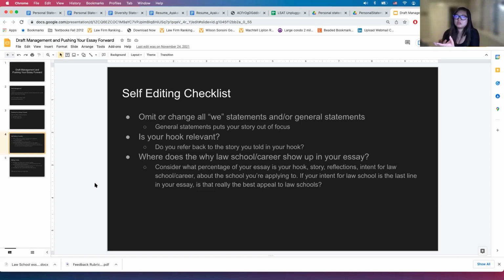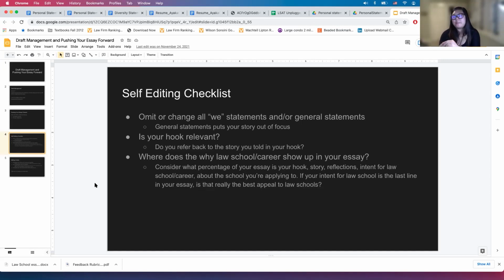There's other essays where they'll say it in the very beginning, this is why I want to go to law school. And then they'll tell us the narrative, and then it'll come back to that in the last 2 paragraphs and talk about how law school is going to benefit the career, and what they can bring to that career, right?